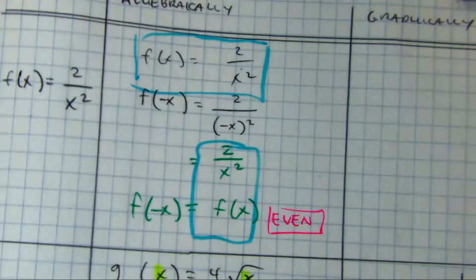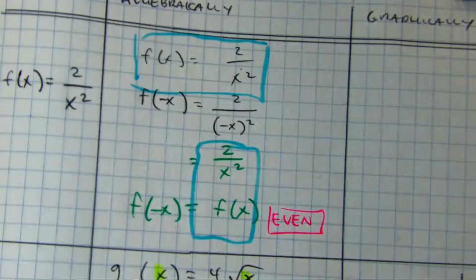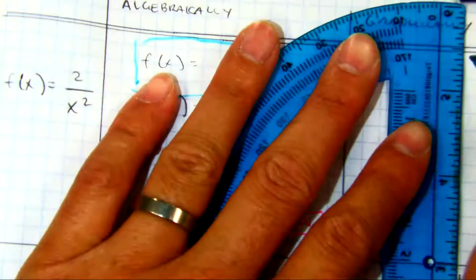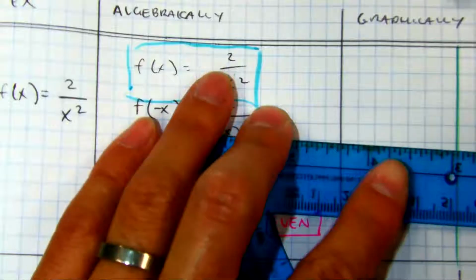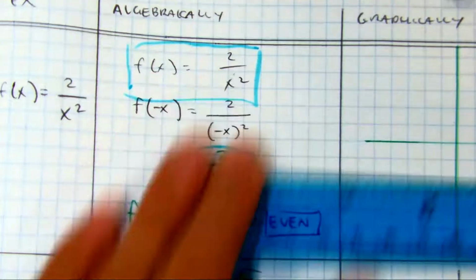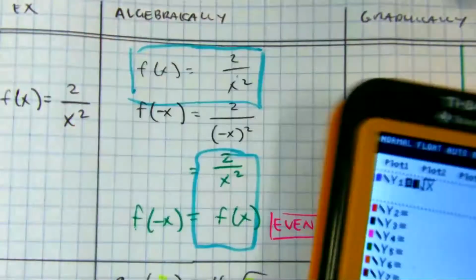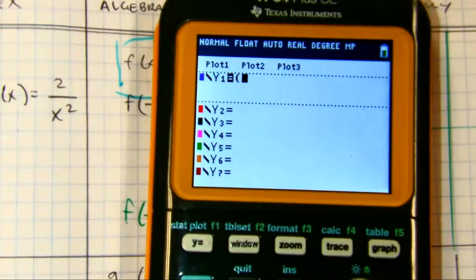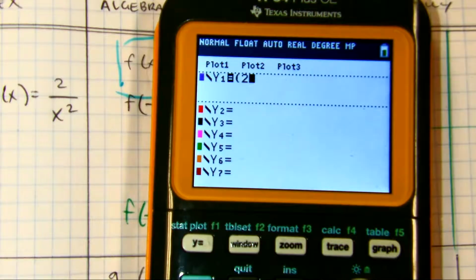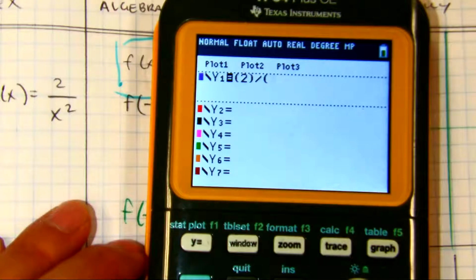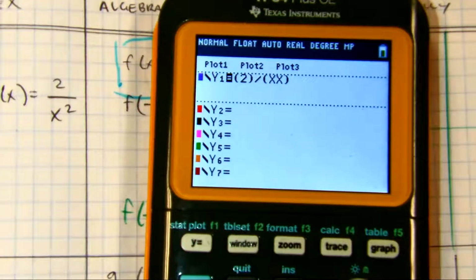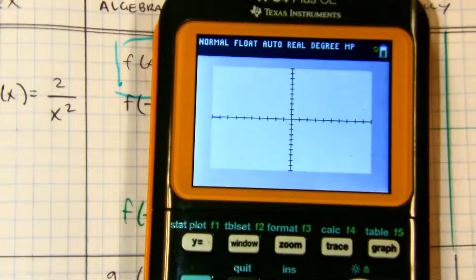Rational function. Punch it into your calculator. Number 6.